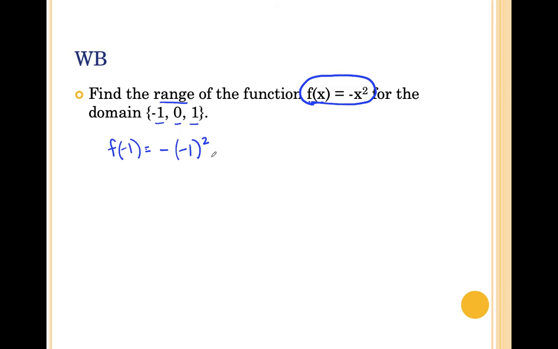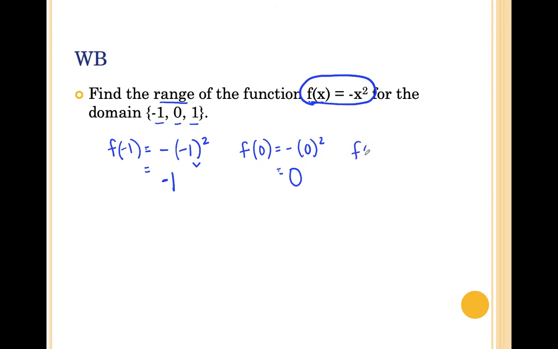So I'm going to put the -1 here and the -1 here, both in parentheses. So this becomes (-1) squared is 1, and then bring down the negative, that's -1. The next one is 0. f(0) equals 0 squared is 0, and then -0 is just 0.